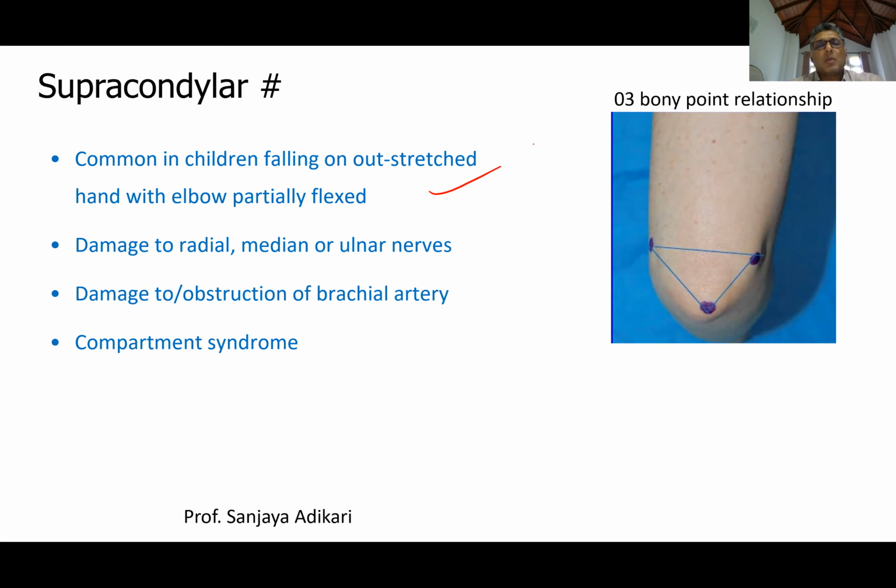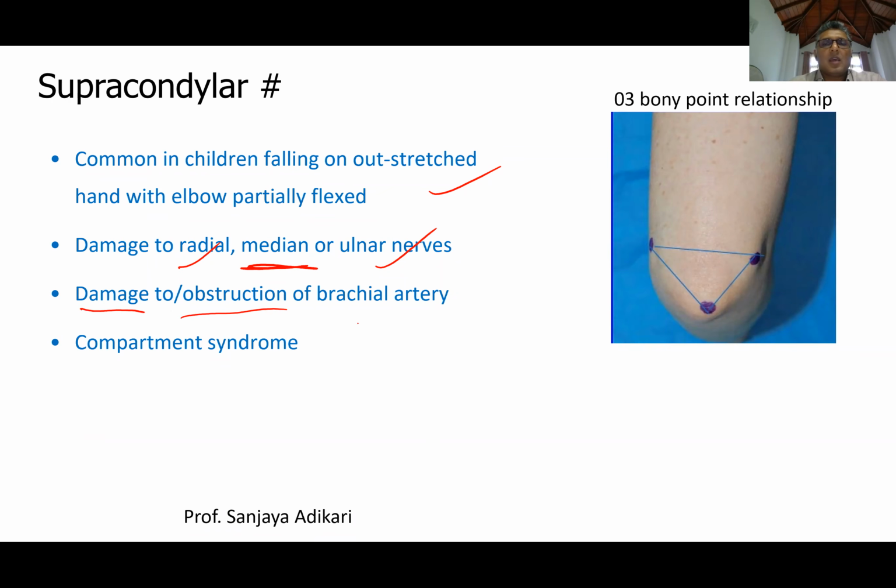With supracondylar fractures, it's not only the median nerve, which may be the more common nerve to get injured, but even the radial nerve or the ulnar nerve can get damaged because of this angulation and the ragged edges of the bone. And you can get either damage or obstruction of the brachial artery.